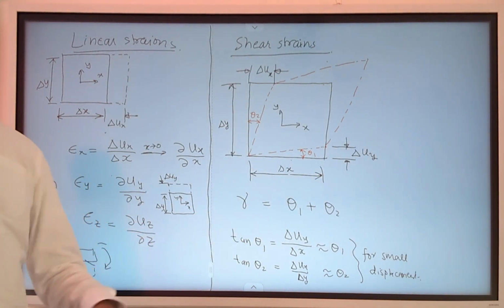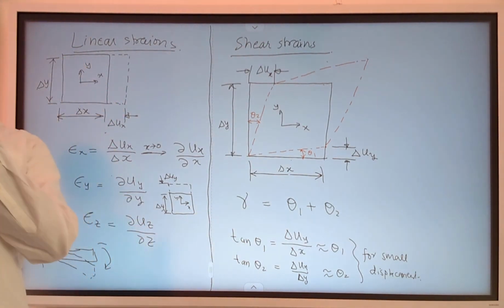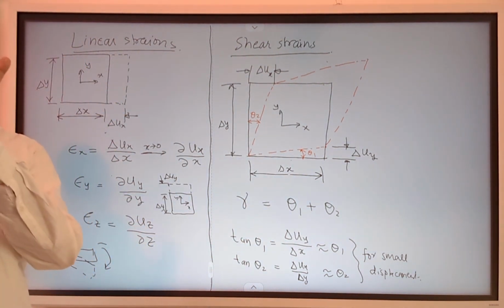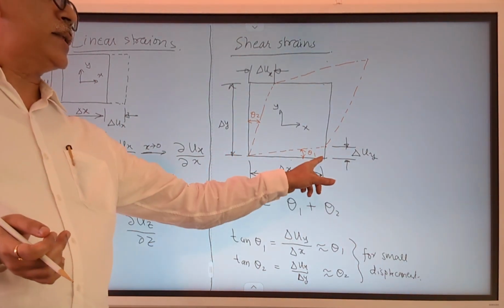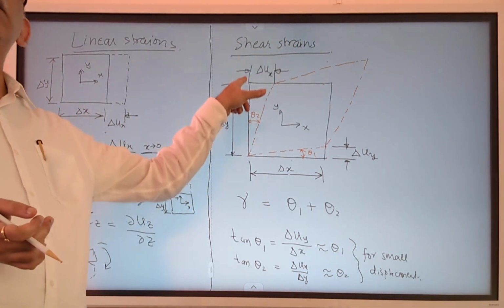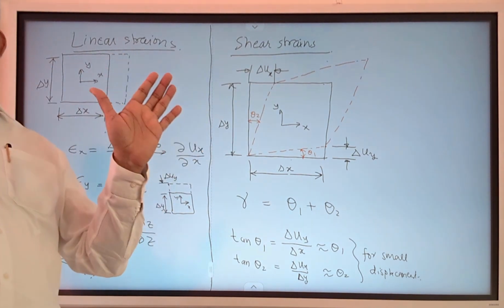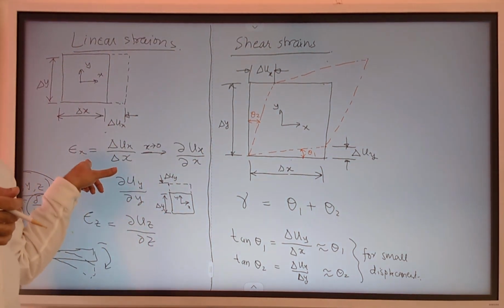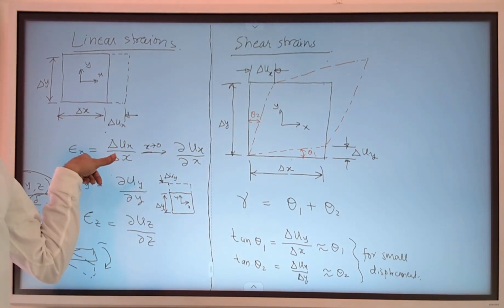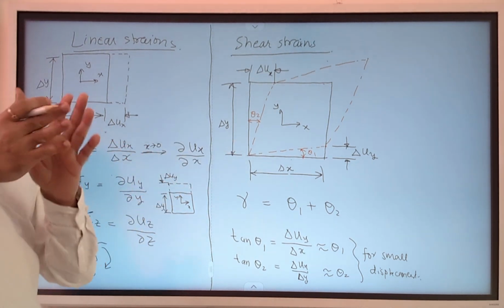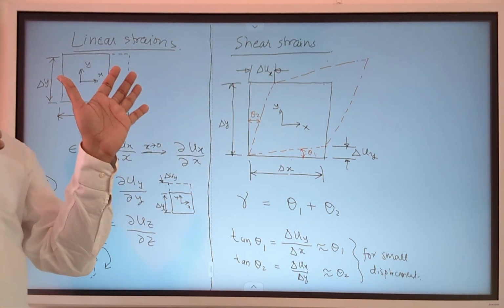The shear strain is always related to two planes. Here we are considering two planes, one is the y plane and the other is the x plane. So the shear strain is never related to a single dimension or single direction, unlike the linear strain. It is always related to two planes, so that means two directions.